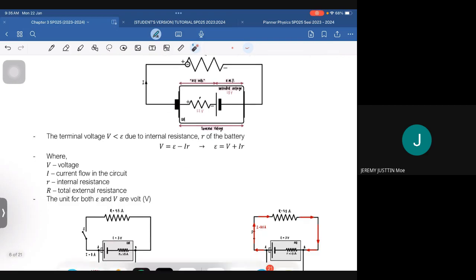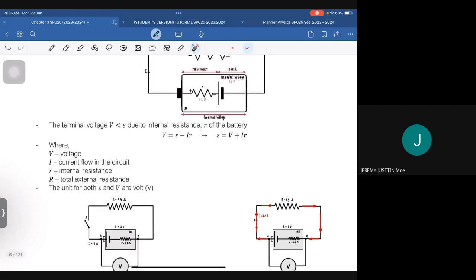Okay, so that's why V is not equal to EMF. Okay, ini kalau ada internal resistance lah. So situation ini depends. Dia boleh ada internal resistance, dia boleh tidak ada internal resistance. Okay, so dua formula ni, actually satu je pun formula. Okay, formula yang ini kamu kena ingat lah, and bukan ingat, rasanya ada dalam formula sheet. Kamu just have to know how to apply it lah.